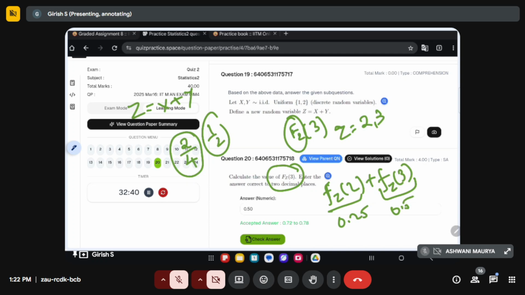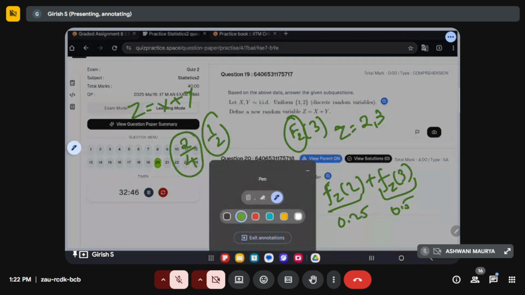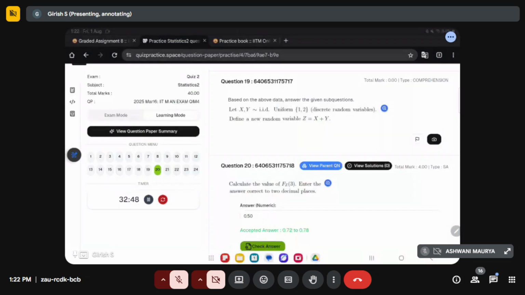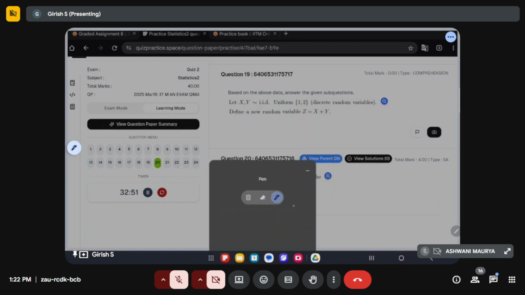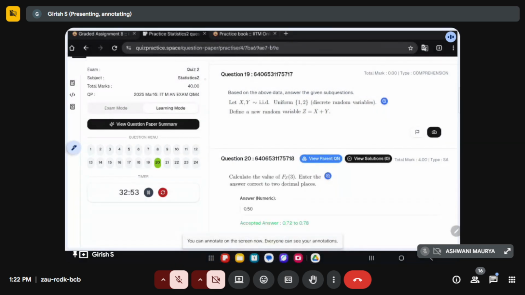I didn't understand. Okay. See, let me explain first. We constructed this table: 2, 3, 4, and probability. Till this point, it is clear, right?